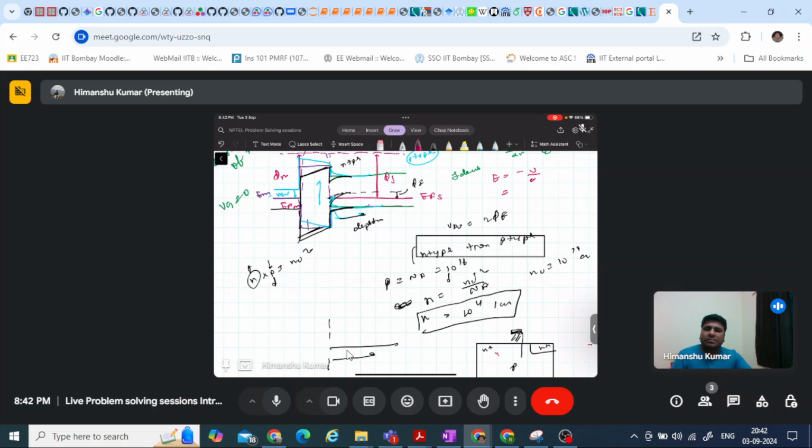So does that partially answer your query? Okay, sir. You are not doing doping, you are just changing the electrostatics and making n-type more n-type by depleting the substrate. Does that answer your query?